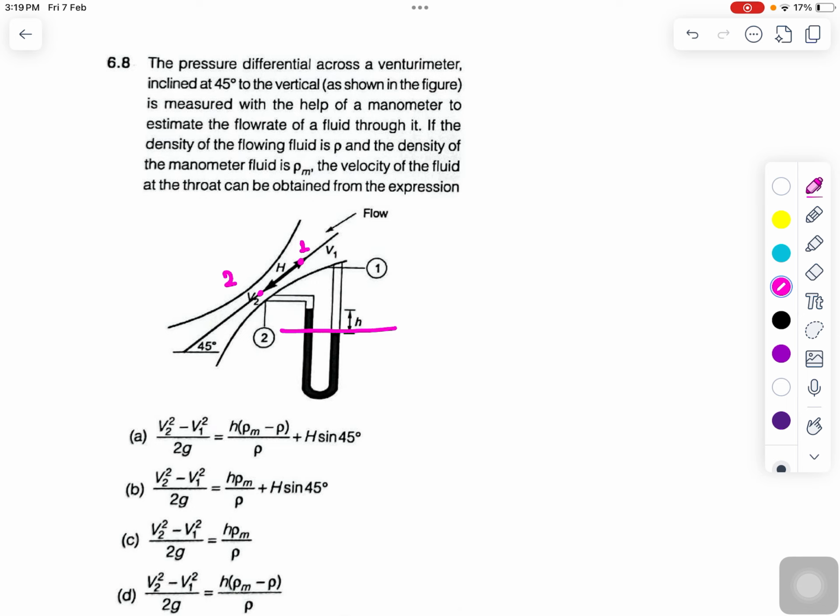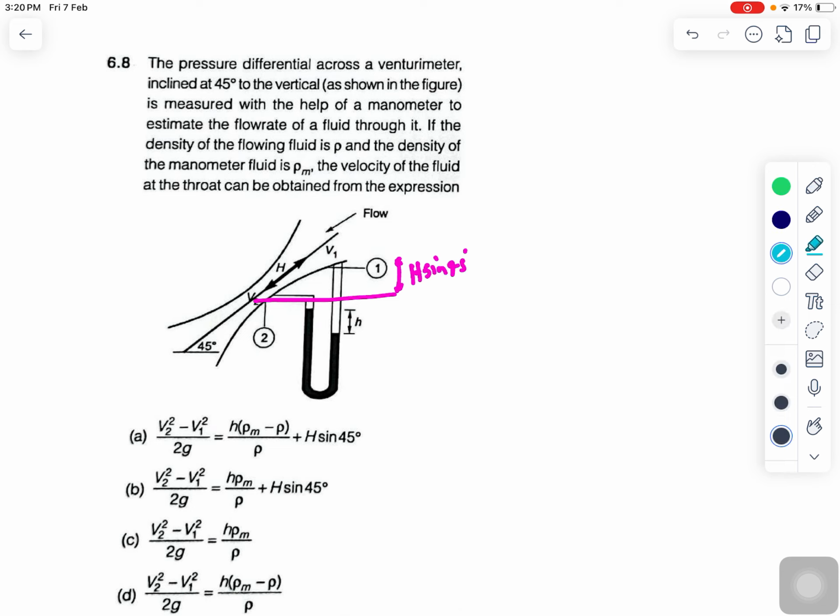So P1 plus rho z, so from here to here, the best part is if I calculate the height from this point to this point, this will be your h and sine theta, that is sine 45. Is that clear?